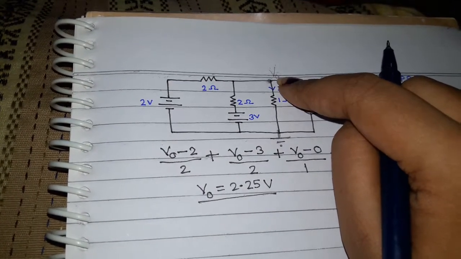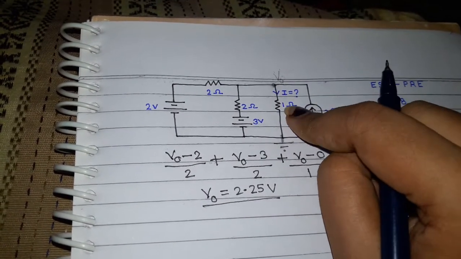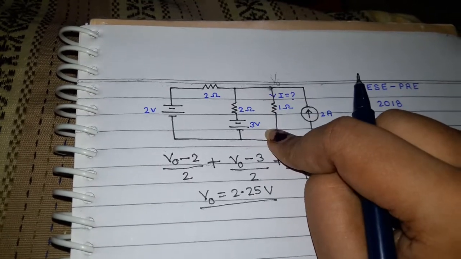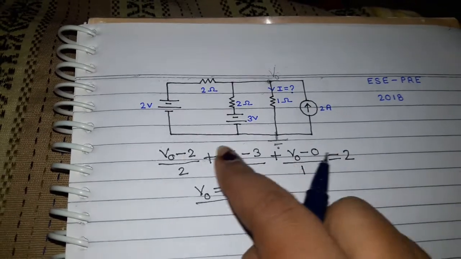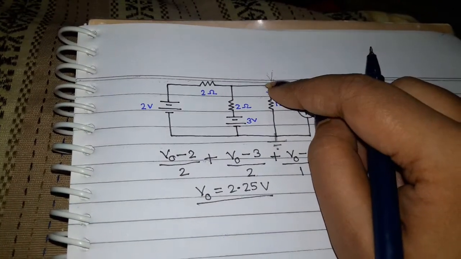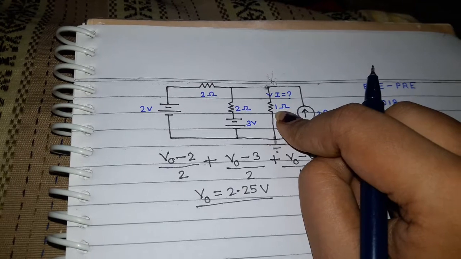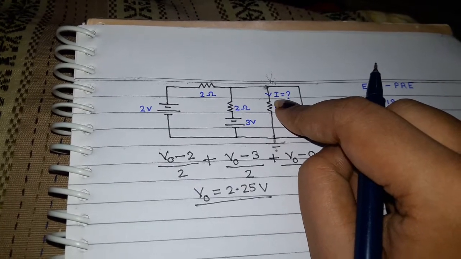Okay, this is your reference node voltage. Now we have to find out the current through this branch. What is happening over here, you know the voltage. From this equation you have calculated the value of V naught, so you know the voltage over here, and the resistance is known. The only unknown thing over here is the current.